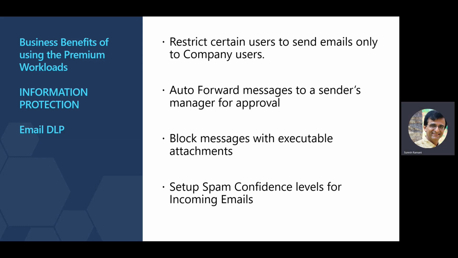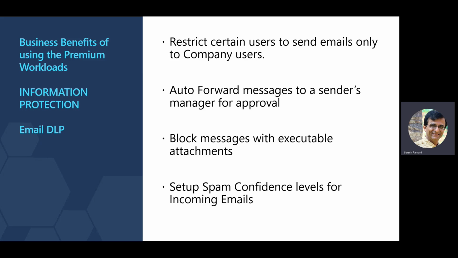Next is block messages with executable attachments. One way in which malware spreads inside the company is when some executables or dangerous attachments are sent in email. When they land in the user inbox, the user clicks on the attachment, triggering absolute mayhem.